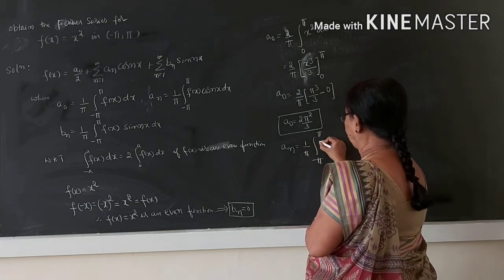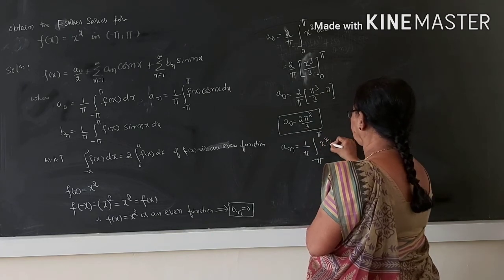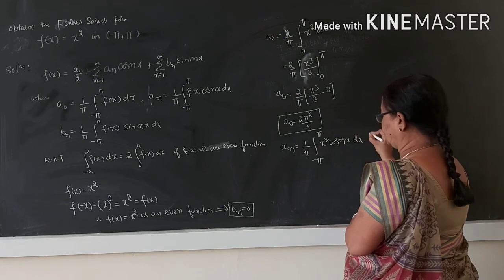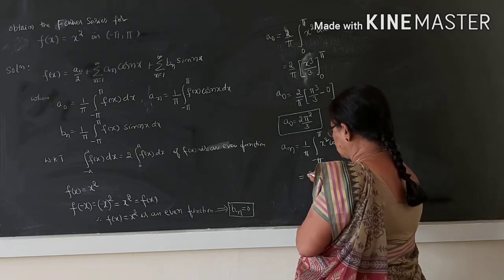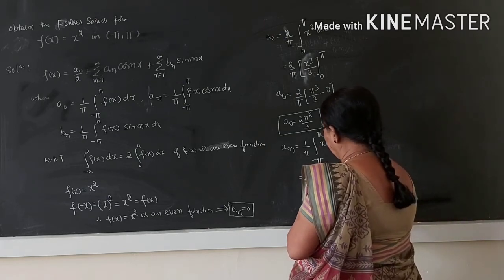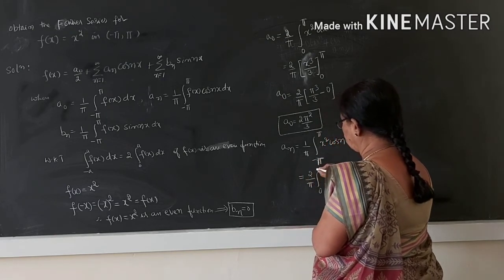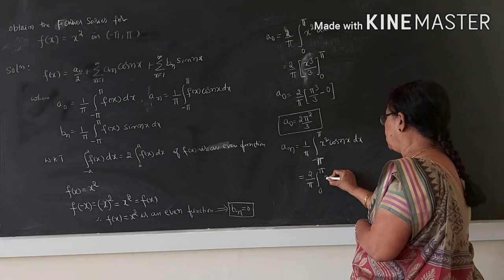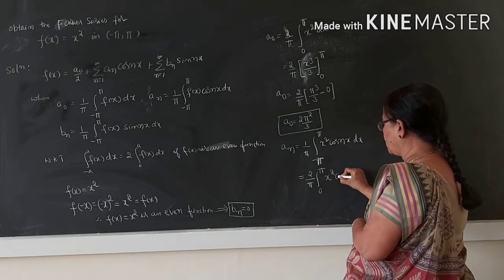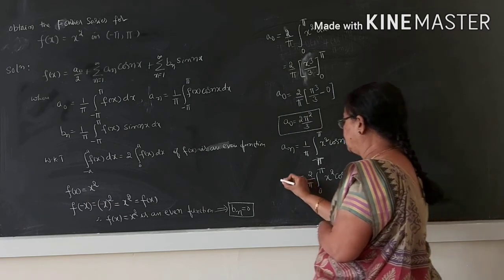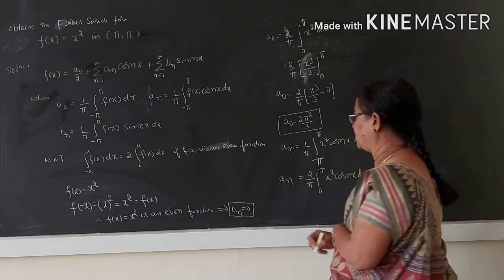Even into even function is even. Therefore, again I can use that result, that is 2 by pi times integral 0 to pi x square cos nx into dx. This is the value of an.